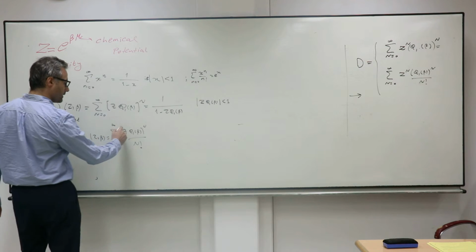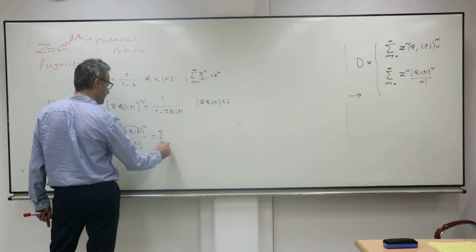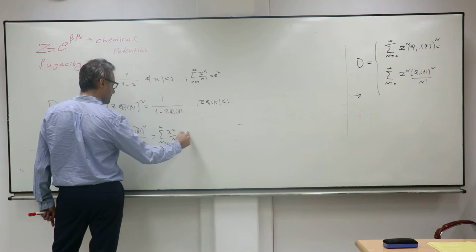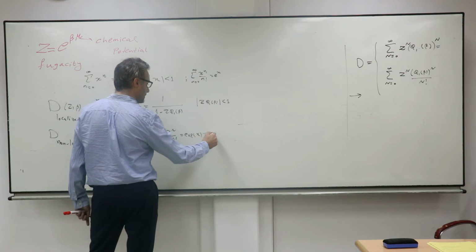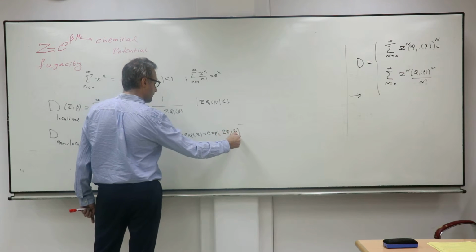So this is x. So it will be the sum over n of the exponential of z q1(beta). Okay.